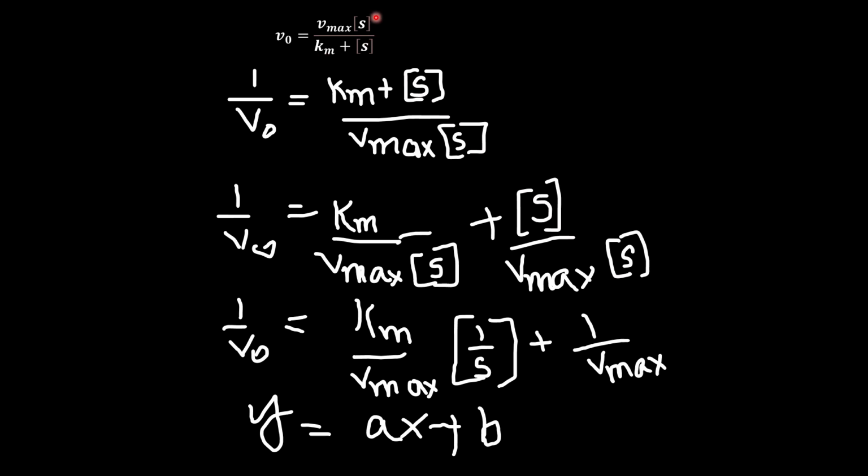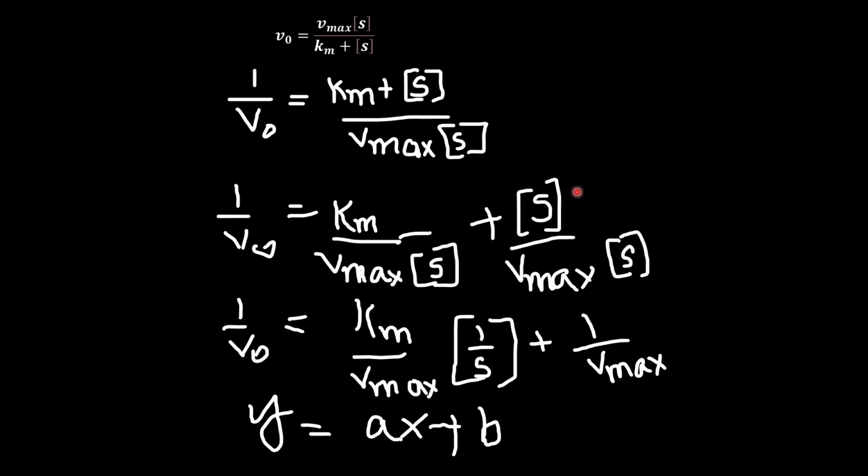This is the equation we have seen earlier, the Michaelis Menten equation. We take the reciprocal of it, that is 1 by V0 is equal to Km plus substrate concentration by Vmax into substrate concentration. We split this: Km by Vmax into substrate plus substrate by Vmax into substrate concentration.